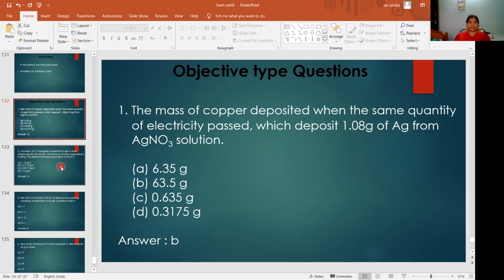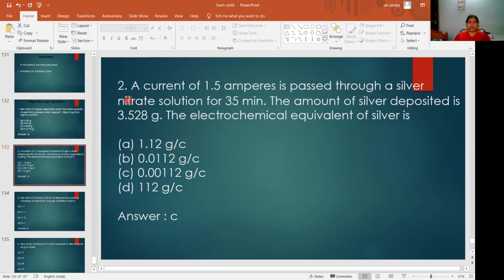Then next, go to the second problem. A current of 1.5 amperes is passed through a silver nitrate solution for 35 minutes. The amount of silver deposited is 3.528 grams. What is the electrochemical equivalent of silver? Here current is given, time is given and weight is given.